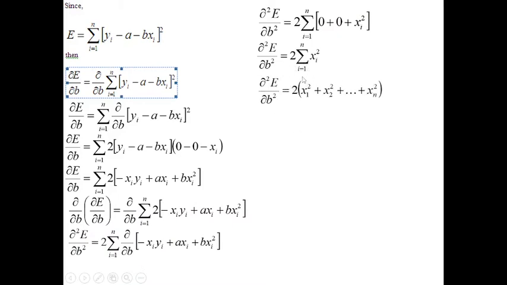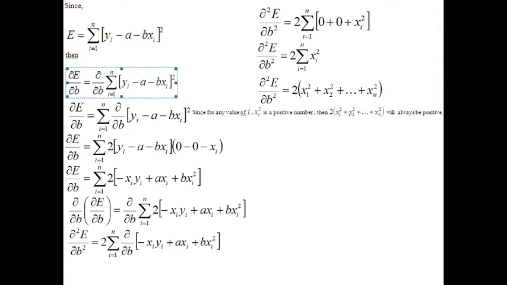Sabihin nito, for i equals 1, x sub 1 squared. For i equals 2, x sub 2 squared. Hanggang umabot ka ng x sub n squared. Add mo lahat yan. Since for any value of i, x sub i squared is a positive number, pag yung isang number in-square mo, laging positive yan.